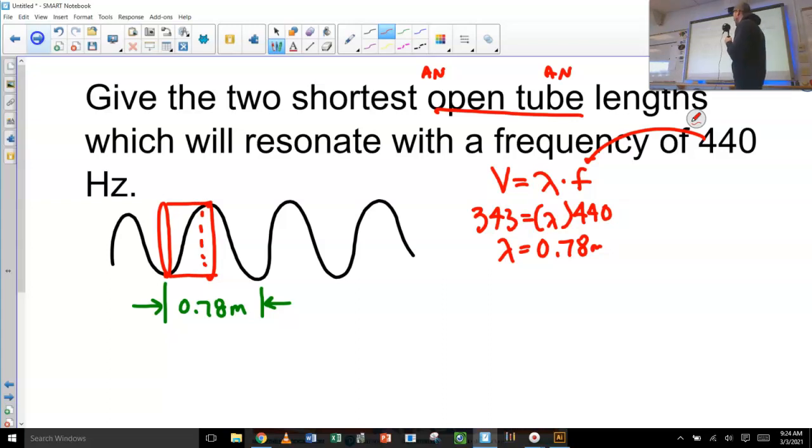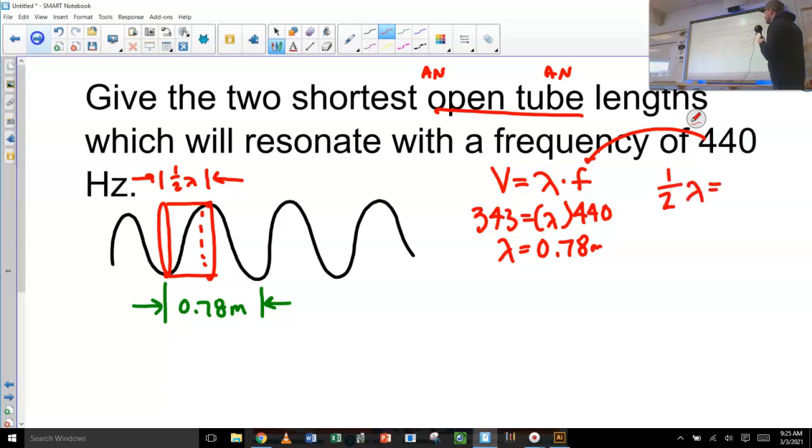And this is half the wavelength. So I'm going to kind of run this equation in reverse from what I did last question. So half my wavelength is equal to 0.78 meters.